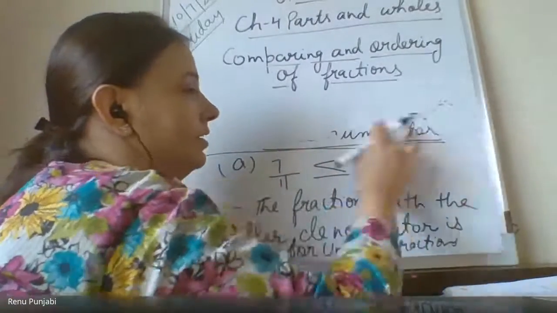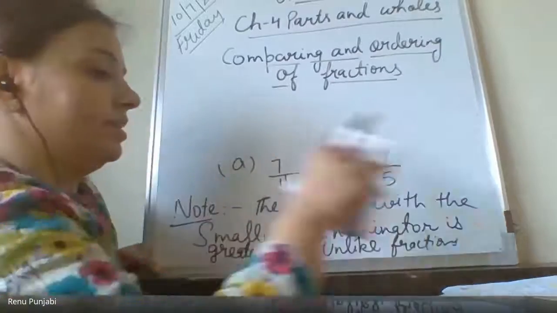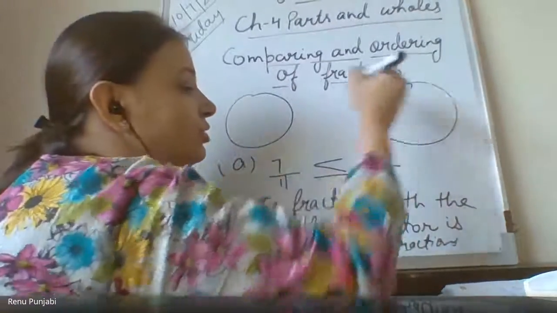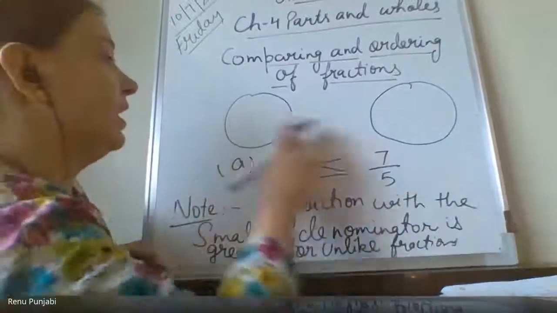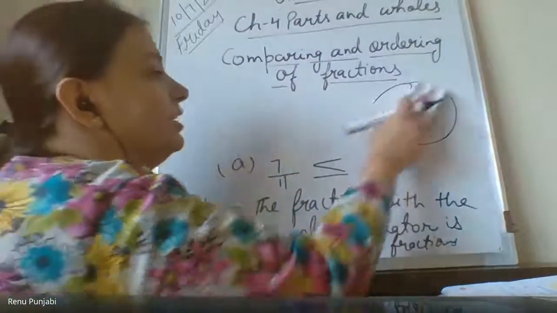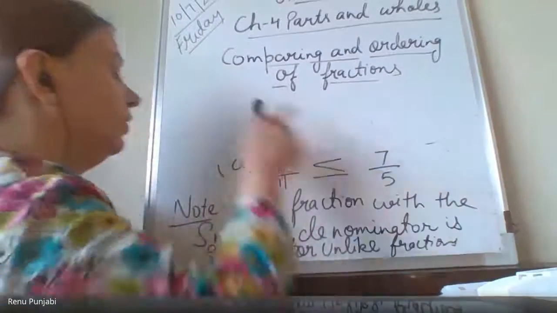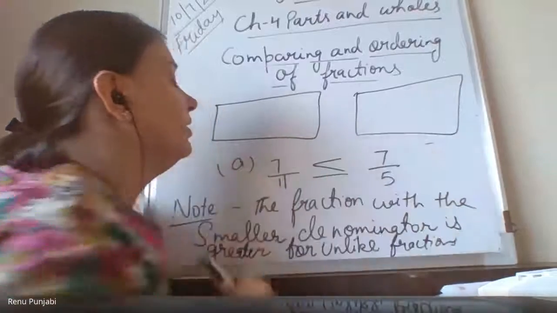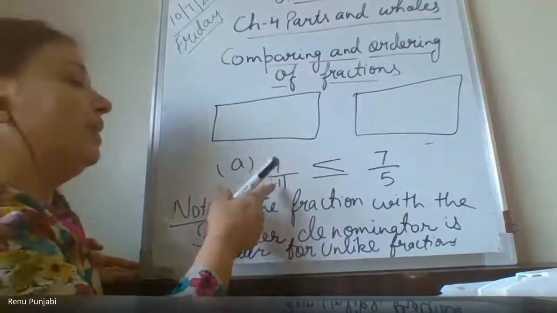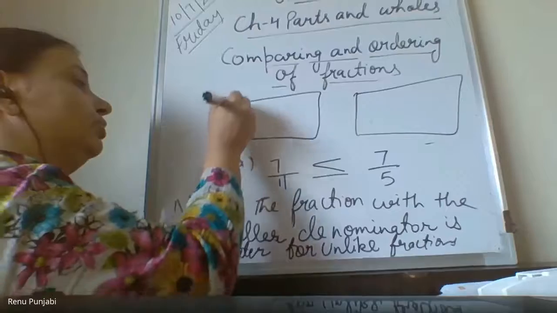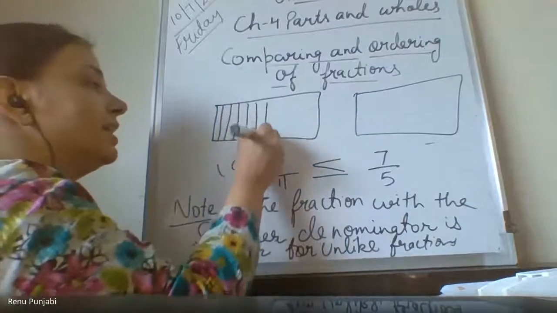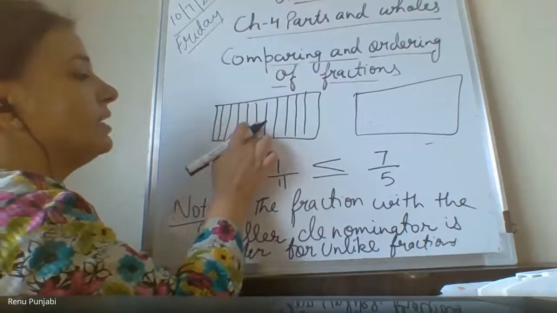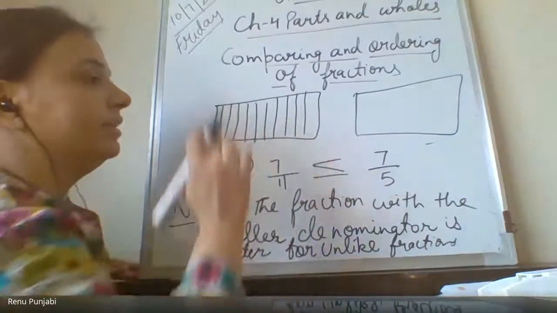See, as I said, I need to divide this into 11. For example, take the rectangle chocolate. This chocolate you divided into 11: 1, 2, 3, 4, 5, 6, 7, 8, 9, 10, 11 pieces.